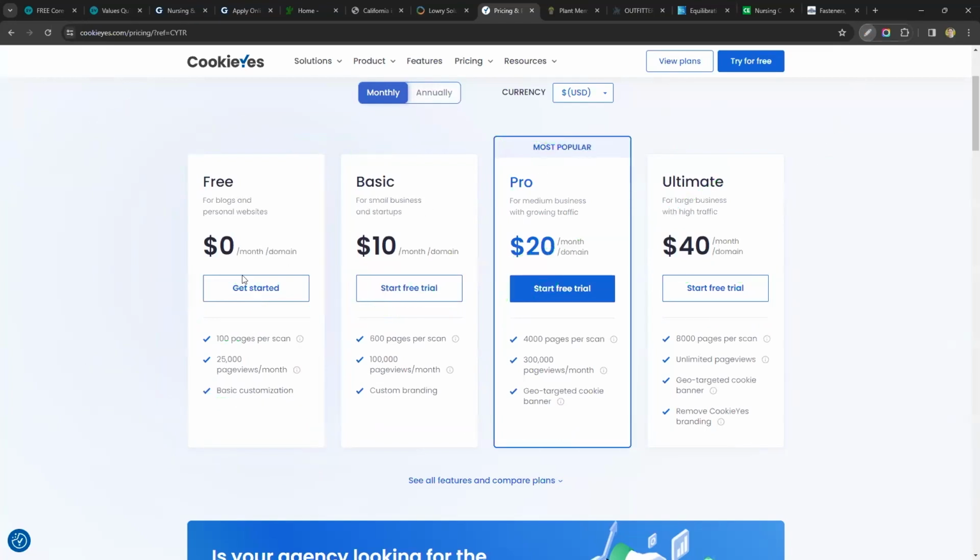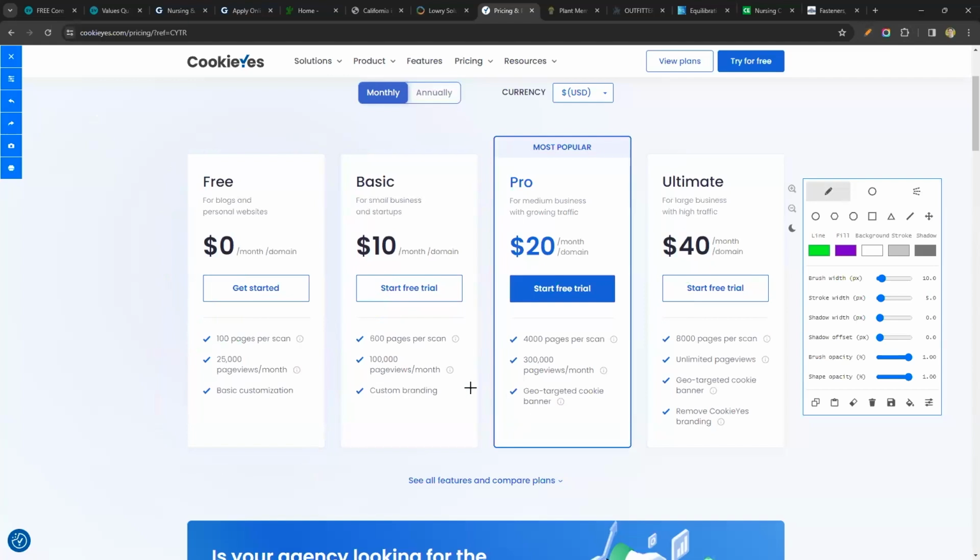So by having the more expensive on the left-hand side, that invokes a conversion principle called anchoring. And so what does that mean? Well, if it's $40 and I look at this, this invokes anchoring, which invokes the fear of missing out.